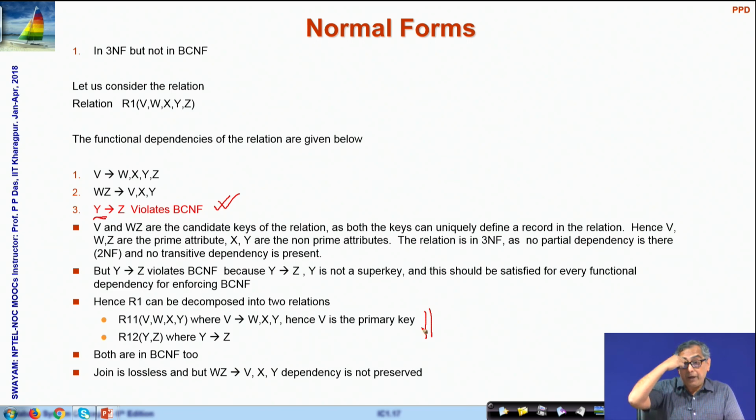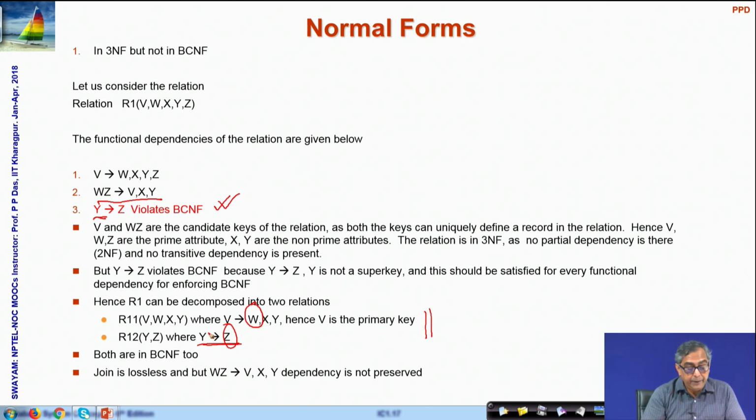But the point to be noted here is that once you do this, you have a join which is lossless, because y determines z, and therefore, in R 1 2 y will become a super key, and therefore, this join is lossless. But the decomposition is not a functional dependency preserving decomposition, because for example, W z determines V x y is a dependency that exists, but after you have decomposed, W is in one relation and Z is in a different relation.